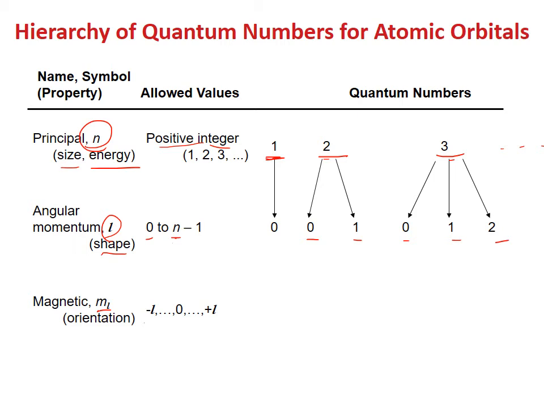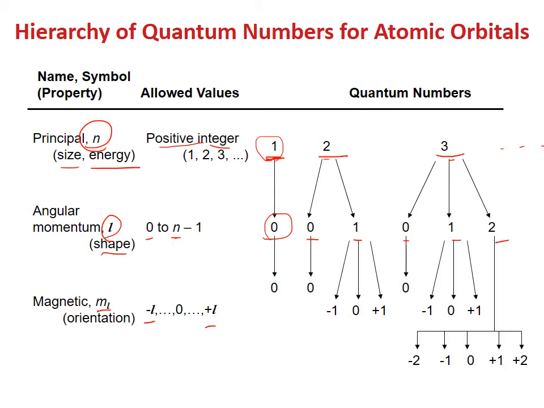So it can be negative l until positive l. For example, when l equals 0, m can only be 0. When l is 1, m can be negative 1, 0, positive 1. When l equals 2, m can be negative 2, negative 1, 0, positive 1, positive 2.